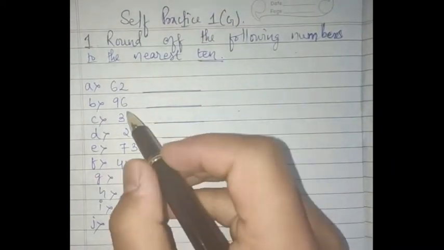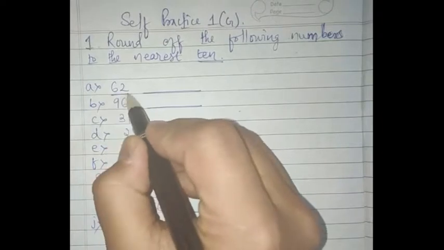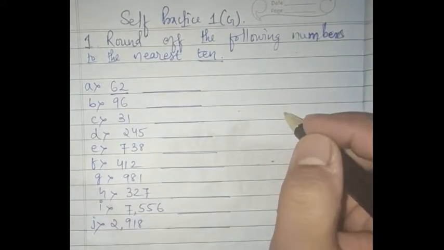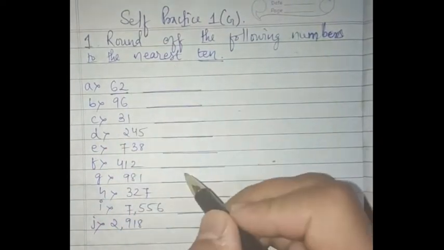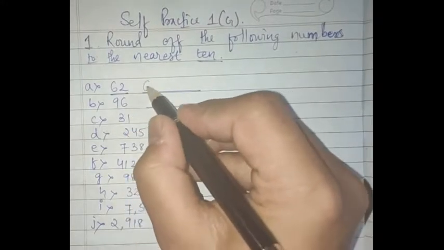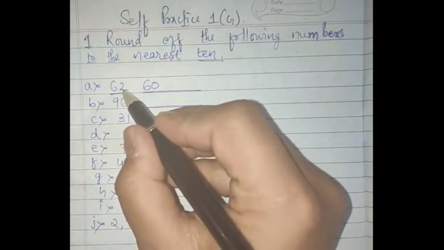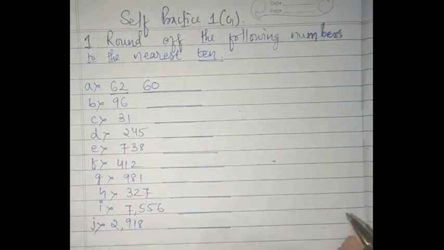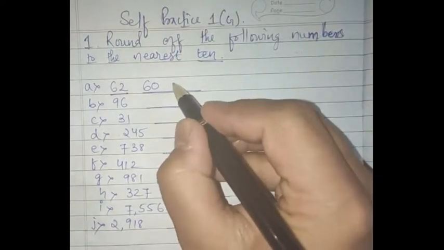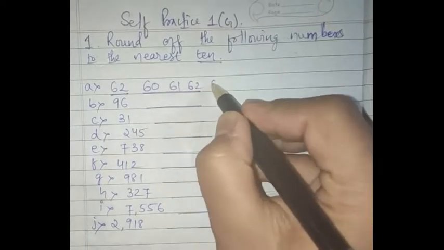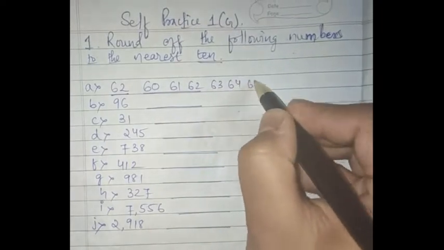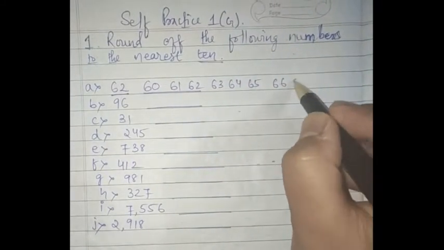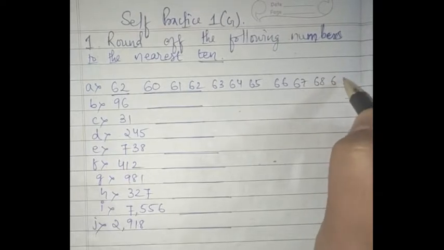The first number is 62. We have to convert this number into its nearest 10 form. Let us start by writing 60. 62 is in the middle of 60 and 70, right? 60, 61, 62, 63, 64, 65, 66, 67, 68, 69, 70.